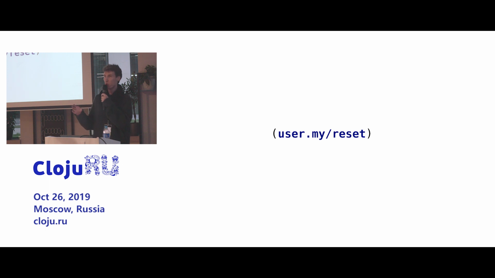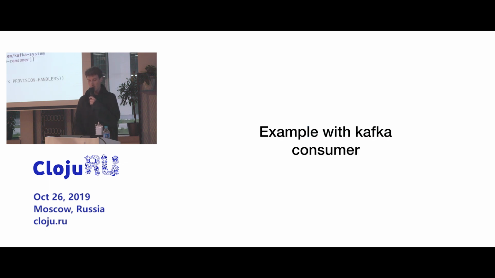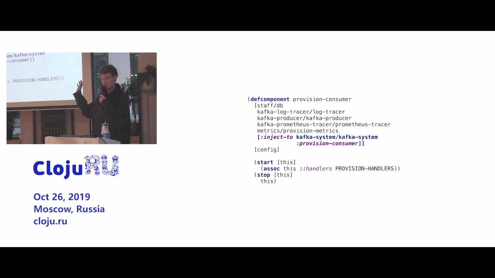Also I'd like to show an example of inversion of control with a Kafka consumer. There is a bit of code here where we define our dependencies, and you can notice that in the middle of it is inject-to. So we have a consumer component, and we have a component called Kafka system. If we would like to test how our consumer works without consuming records from Kafka, we can start just the consumer component.